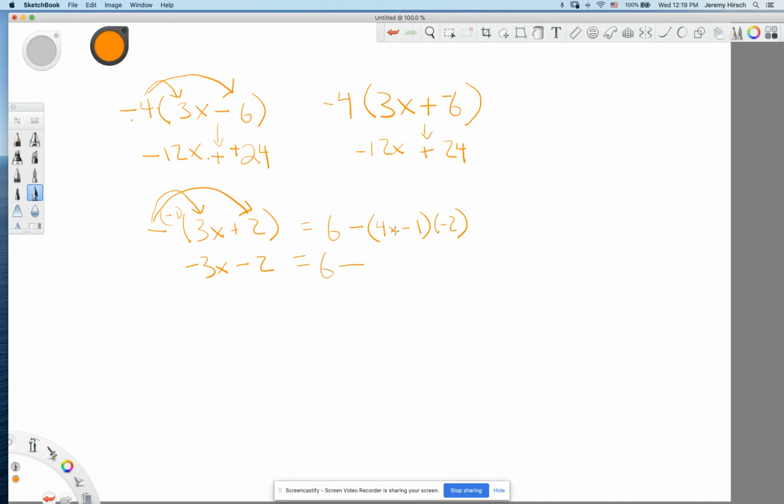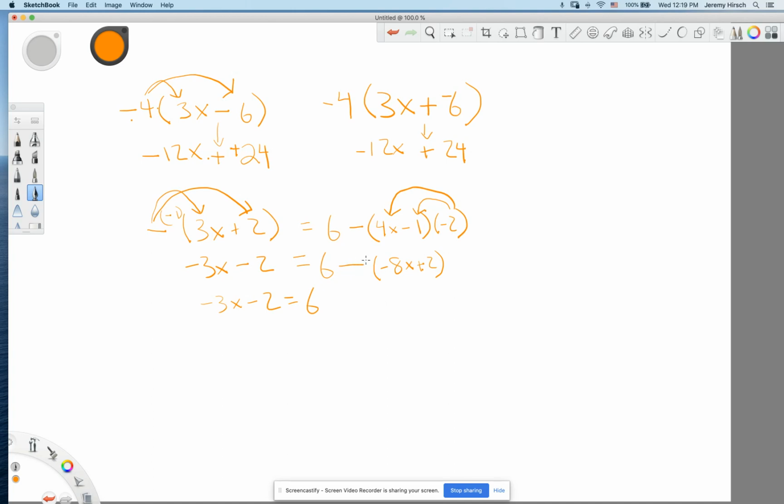Now here, what happens if the number's after it? It doesn't matter. If there is a number inside a parenthesis or outside a parenthesis touching, we still have to do it. Negative 2 times 4x is negative 8x. Negative 2 times negative 1 is positive 2. Now we have negative 3x minus 2 equals 6.